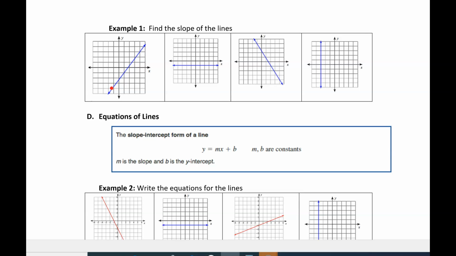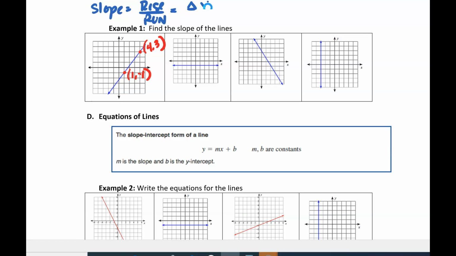For this first one, I'm going to locate 2 points that are easily identified. So maybe right here is 1, 2, 3, 4, 1, 2, 3, so 4, 3. So there's 1 point. And then it looks like this would be a good point here, 1, -1. And I'm going to do it by counting. I'm going to remember that slope is rise over run, which just means the change.